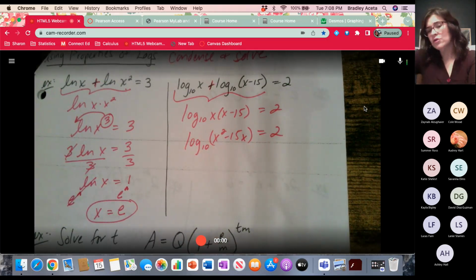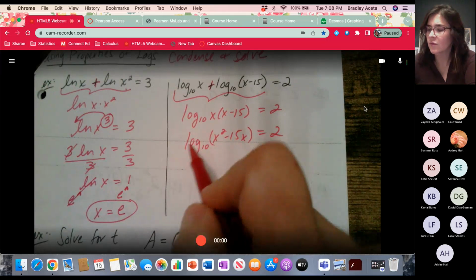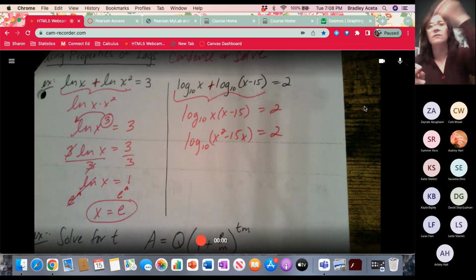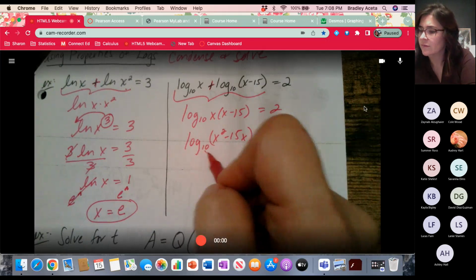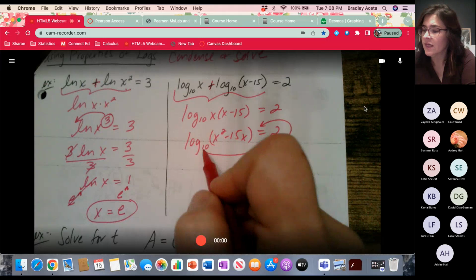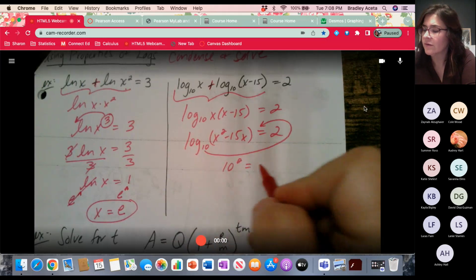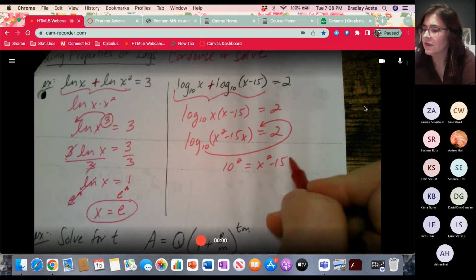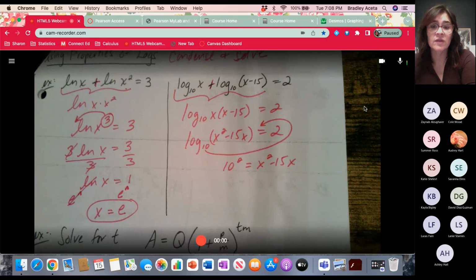And now I'm going to do the whole whoop, wrap it around. Because I see once I have one log one side, whoop, wrap it around. So that would be 10 squared equals x squared minus 15x, which is really 100.